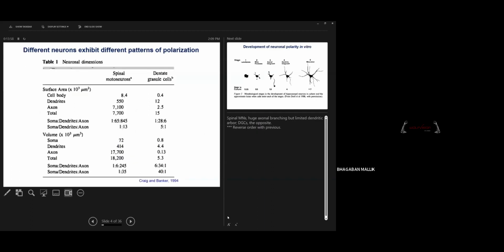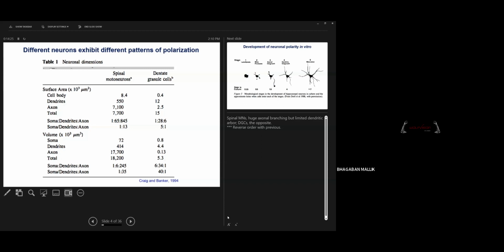Here we are showing two different neurons derived from different regions of the nervous system. This is a spinal cord motor neuron, and this is from the dentate gyrus of the brain. You can see the different parameters and measurements, and how they vary from one neuronal cell type to another. Here the cell body is around 8.4, and here it is 0.4.